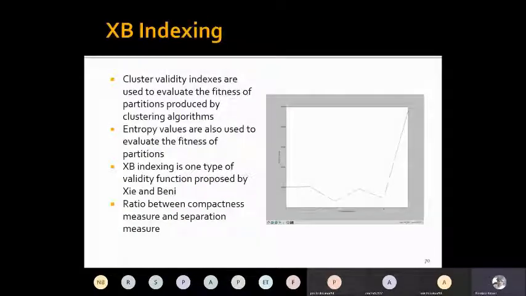And remember why we are doing cluster validation: say I am running the k-means algorithm for different values of k. How do I know which value of k is optimum? If I look for the best, then if I have n data points, my best clustering will be n clusters, where each data point belongs to a single cluster. But of course we do not want that as a result.